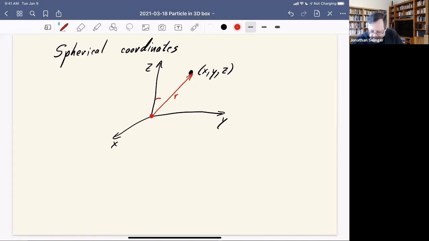There's some angle from the z-axis to this straight line from the origin to the point in question. We call that angle theta. So theta is the polar angle down from the z-axis.